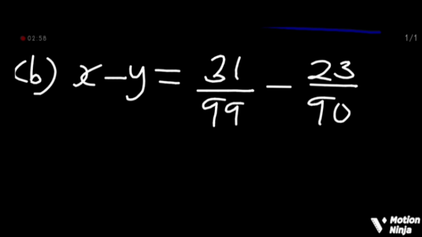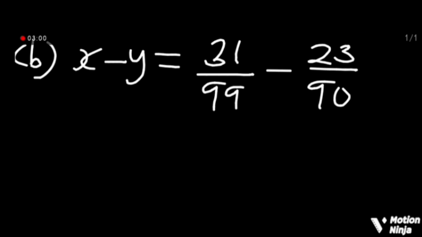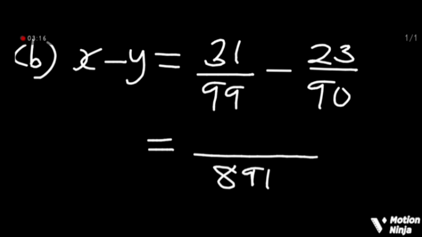So here as well we are taking the LCM. In order to save time, let us take the product of the two numbers, then we will simplify later. So the product is 8,910. If we divide 8,910 by 99, the answer will be equal to 90 times 31. It will be equal to 2,790.